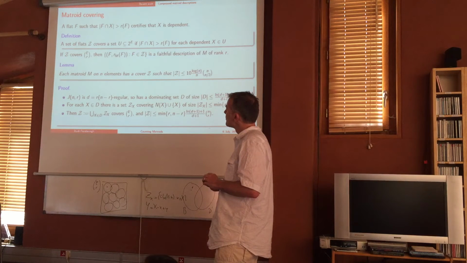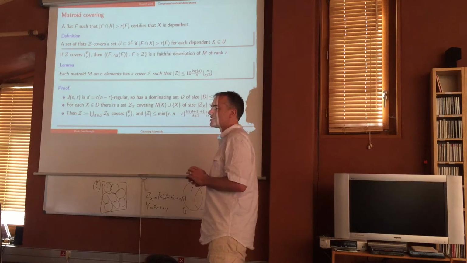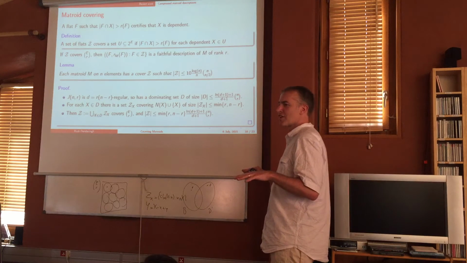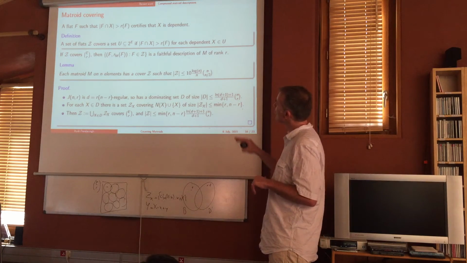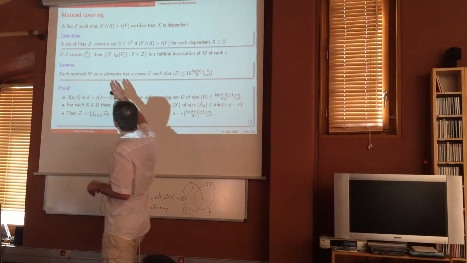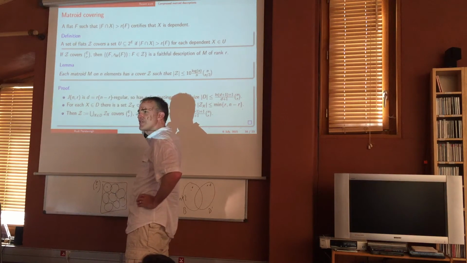Well, we know that there are Pendavingh matroids with at least n choose R over n circuit hyperplanes, so dependent R sets. And the cover that I'm creating here would have to have an entry for each one of these dependent R sets.